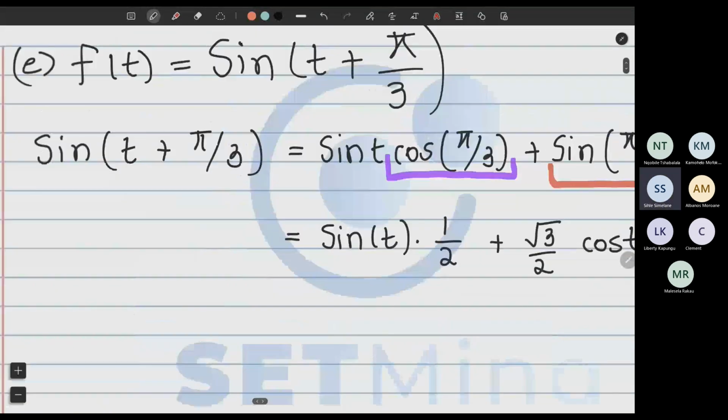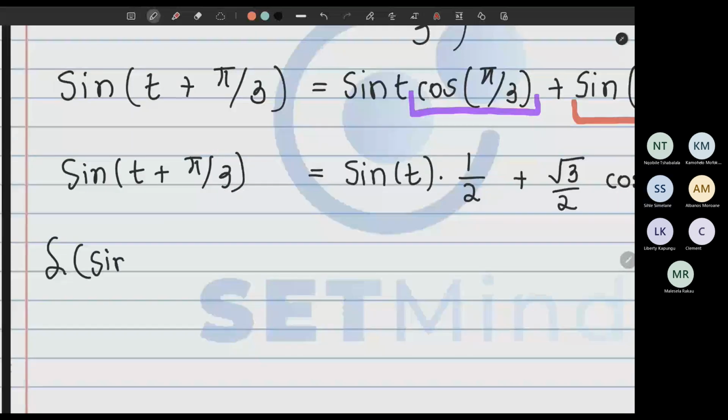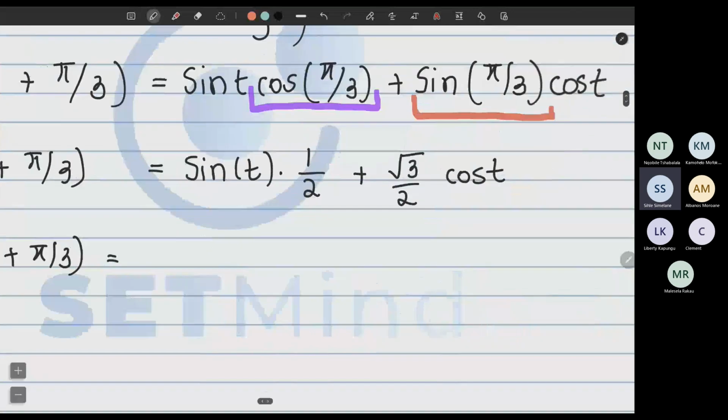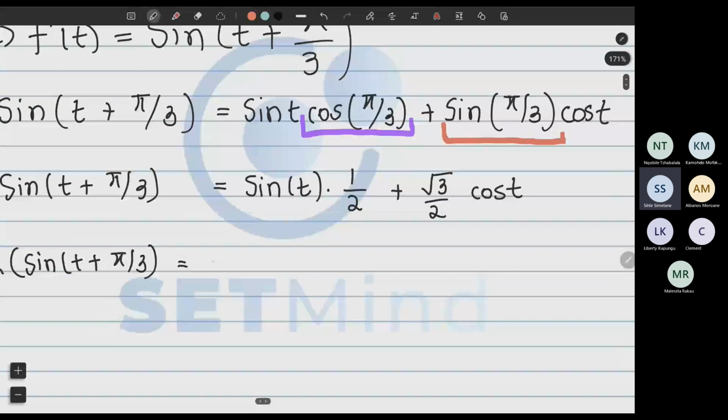Okay, and this is our sine of t plus pi over 3. And guess what? We are looking for the Laplace transform of sine of t plus pi over 3. So which means we can actually take the Laplace transform of the left-hand side. So we have a half here.